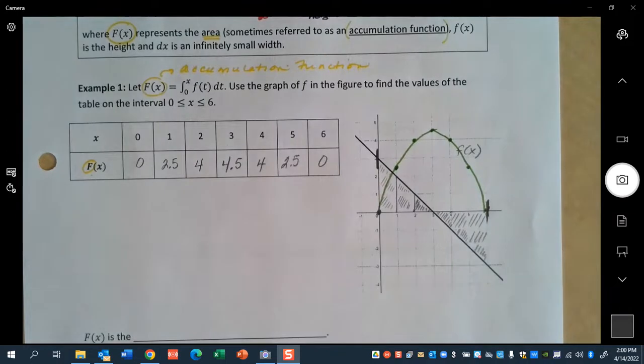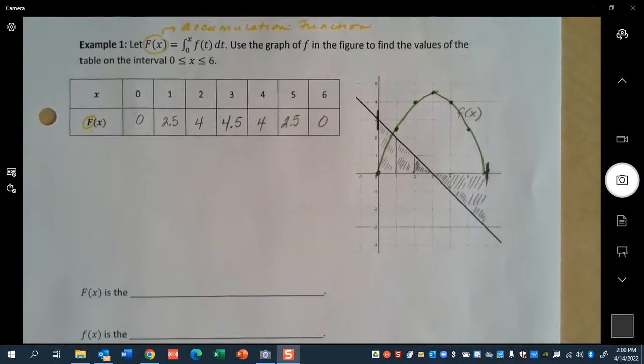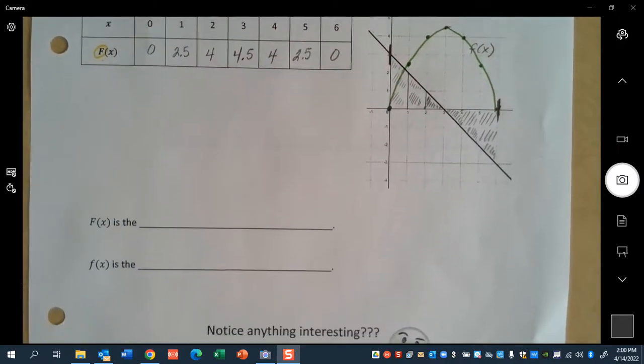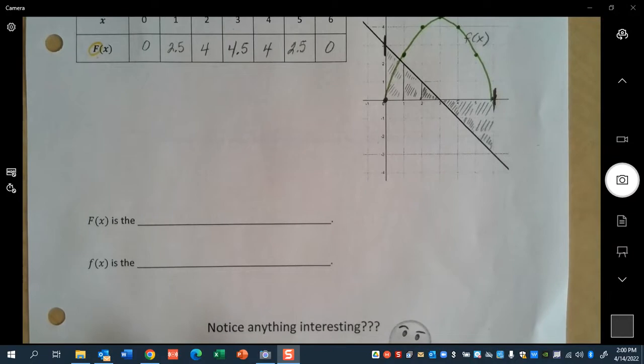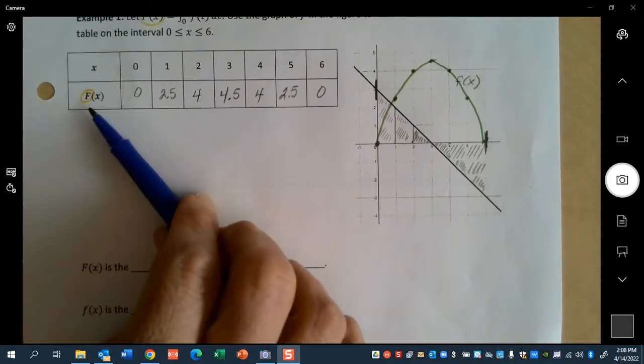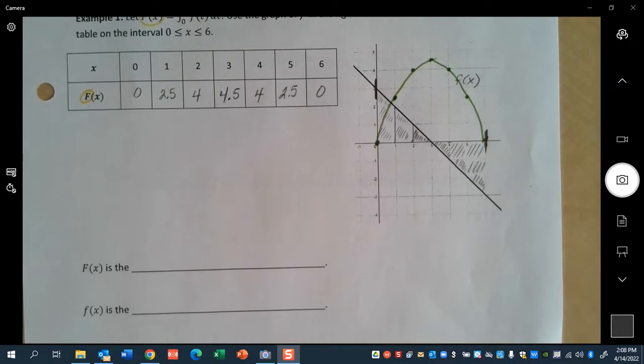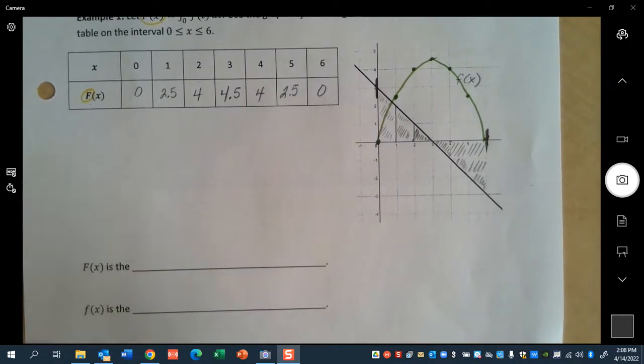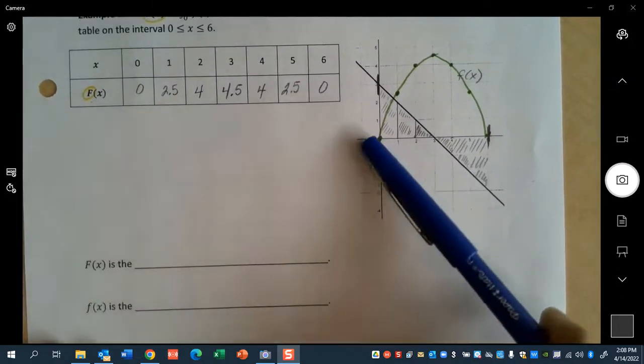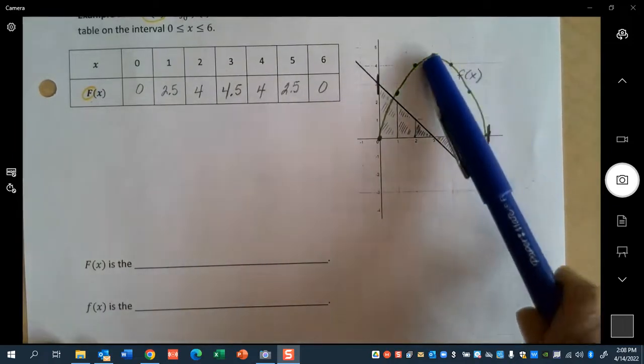I would like you to have a conversation with your group about what you notice. And then fill in those blanks. Go. What's the big deal with f of x? What is it? Big F of x, what is he? What do you notice here?